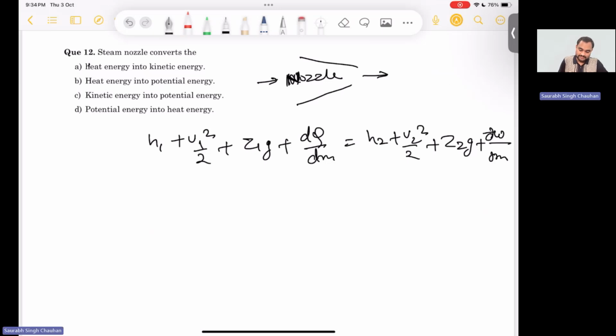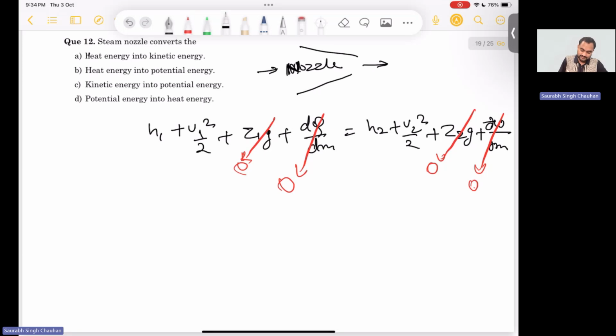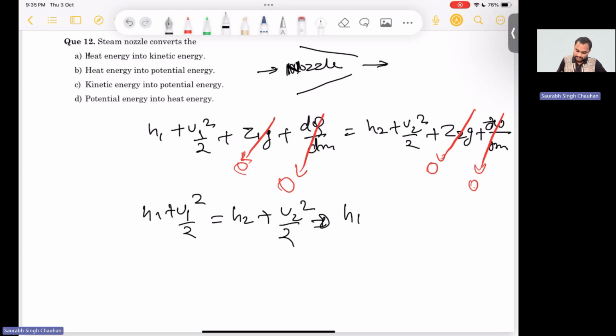Since in a nozzle, we can assume that potential energy changes are negligible, there is no heat exchange and there is no energy interaction, we are left with this equation: h1 plus v1 square by 2 is equal to h2 plus v2 square by 2. And if you write it like h1 minus h2 is equal to (v2 square minus v1 square) by 2.